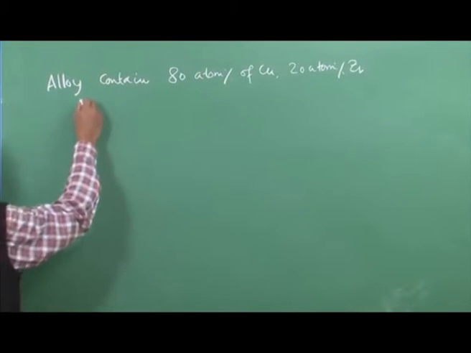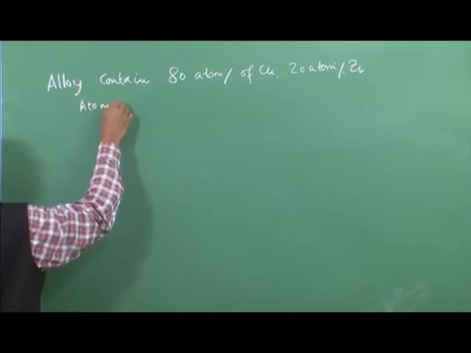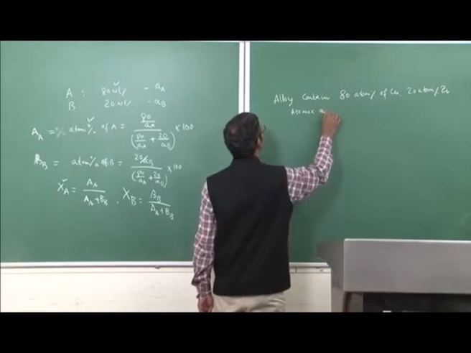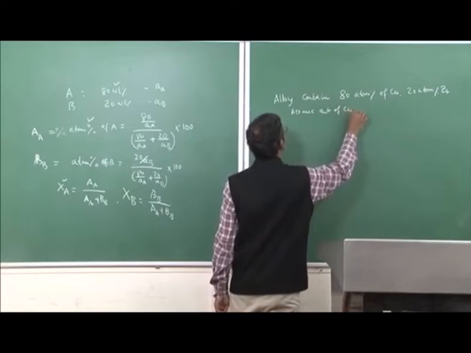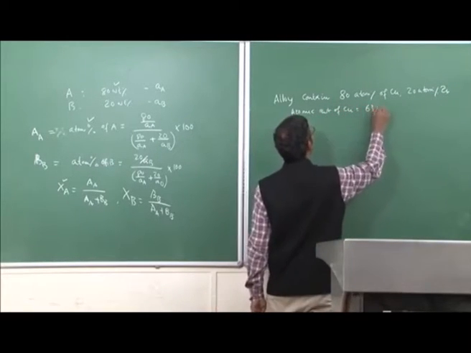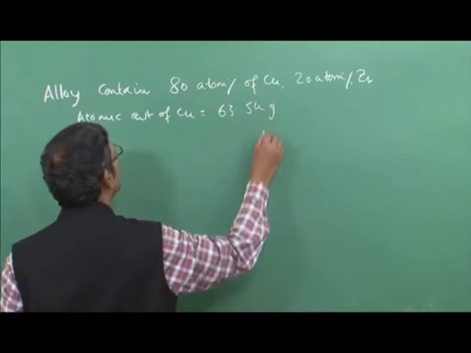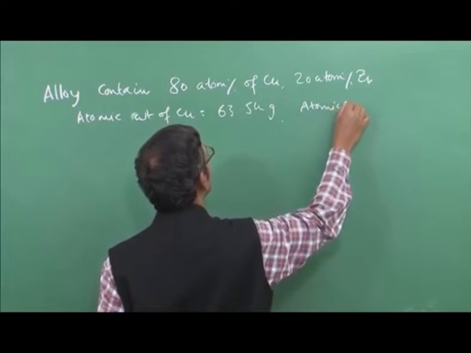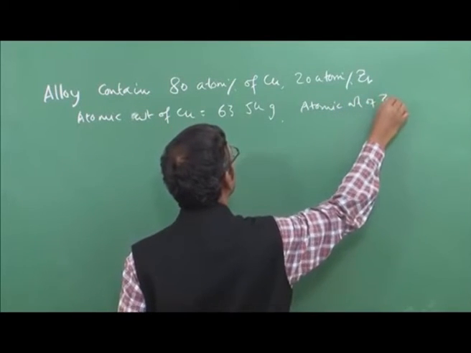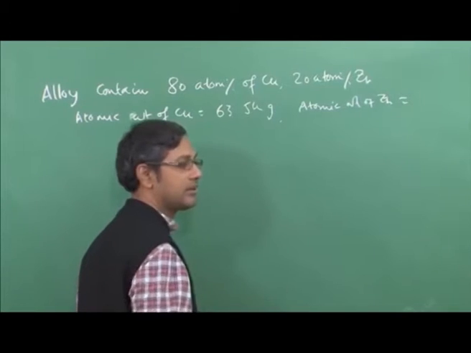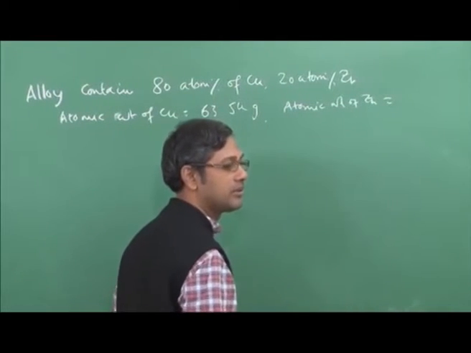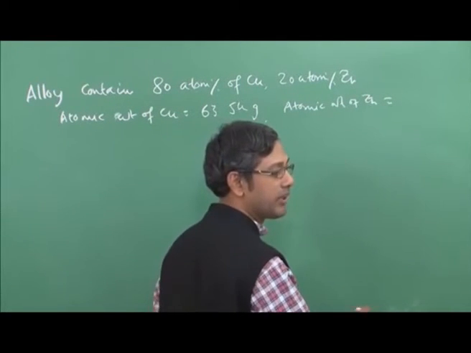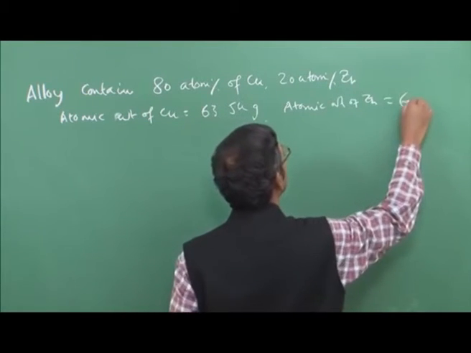How will you do it? We know that the atomic weight of copper is 63.54 grams, and the atomic weight of zinc is about 65.38. They are similar.